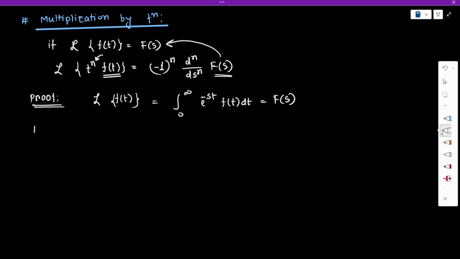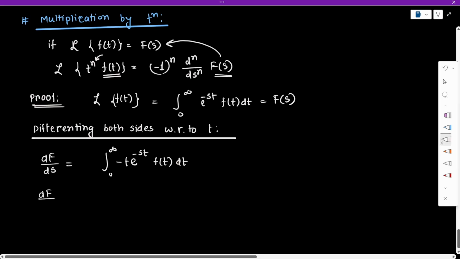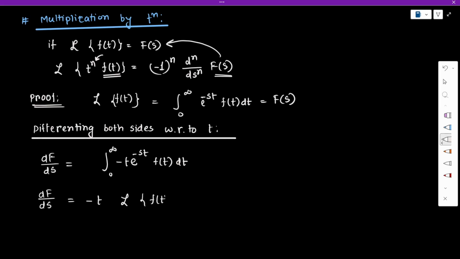Okay, so what is our target? Our target is to differentiate both sides with respect to s. If we differentiate both sides, this one becomes dF over ds. This is going to be the integral from 0 to infinity of negative t e to the power negative st f of t dt. So dF over ds is equal to negative of the Laplace transform of t f of t.